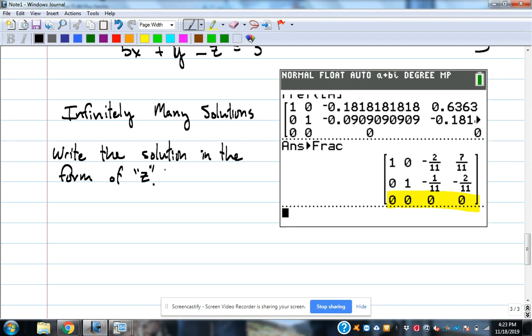All right. So what happens here is in these two lines in the matrix, you've got equations that you can pull back out of there. That top row gets us this equation: x minus 2 over 11 z is equal to 7 over 11.